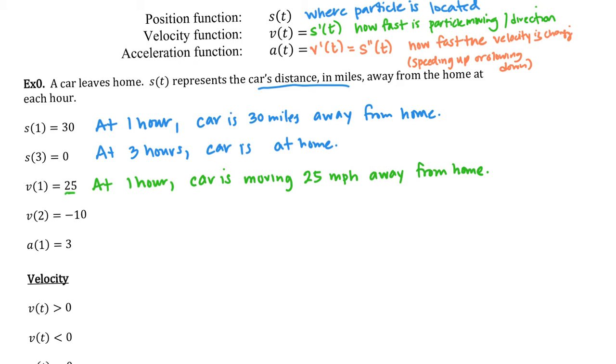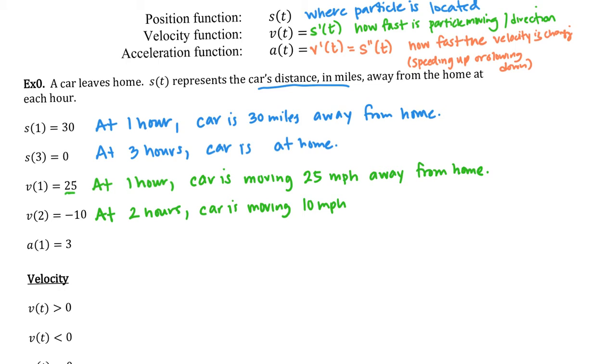Okay, let's consider when v of 2 is negative 10. Okay, so that's going to be at the second hour. Now I don't want to use a negative in my answer. I want to describe what it means because it's asking me to interpret it. So my car is moving 10. But why is it negative?